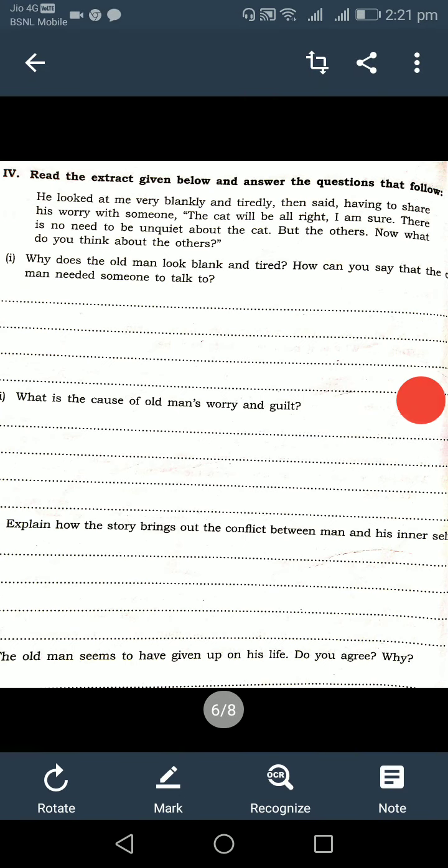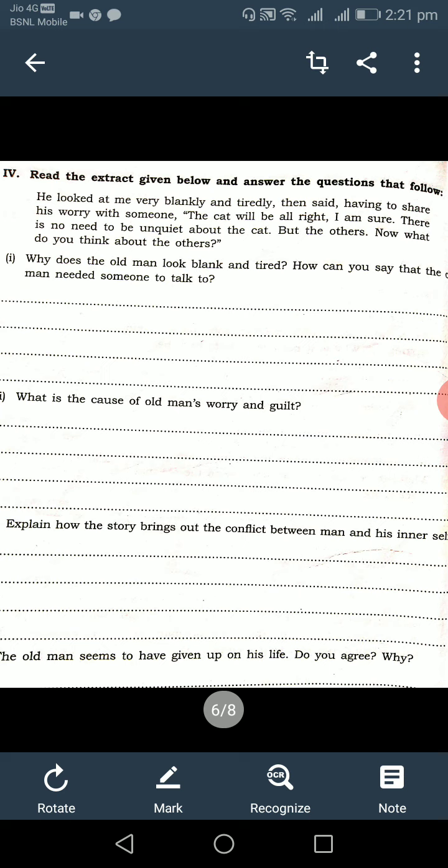So that made him blank. Moreover, he was 76 years old and had already walked 12 kilometers. So he was tired. So there can be 3 reasons: he did not know what to do, he was concerned for his animals, and he was 76 years old and had walked 12 kilometers, which made him very tired.